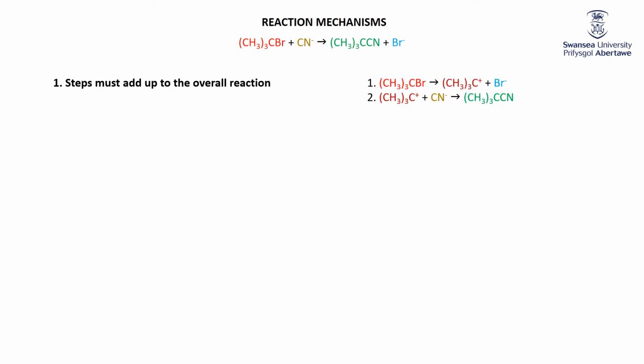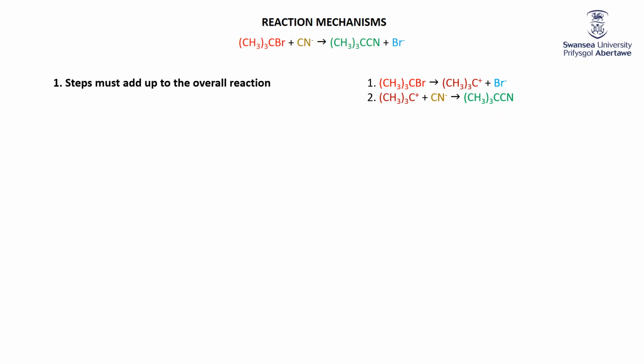Oh, and here, let's look at it. First step, you've got (CH3)3CBr. Well, that's one of the reactants in the original reaction. That's good. And that's doing something to give us (CH3)3C+. I don't know what that is, but we also get Br-, which is one of the products of the reaction. Now then, that (CH3)3C+ in step 2 reacts with the other reactant of the reaction to make the other product.